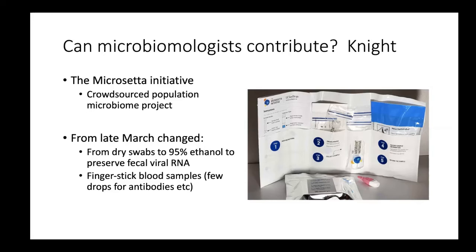It's not as good as some other things, but still okay. But having the virus preserved was really important for them. And then they introduced a small finger stick blood sample in the same kit, and I assume they will use it to detect antibodies. So suddenly they have the opportunity with this kit to study active and previous infections of COVID and microbiota.